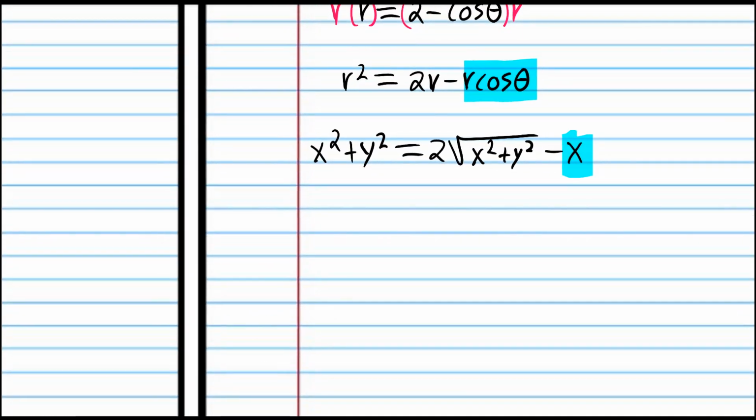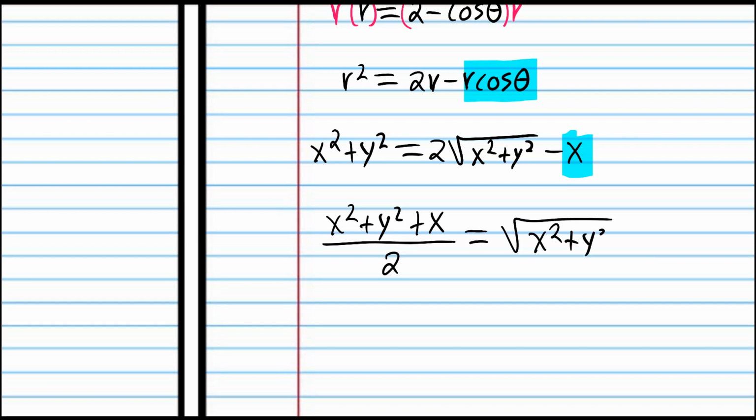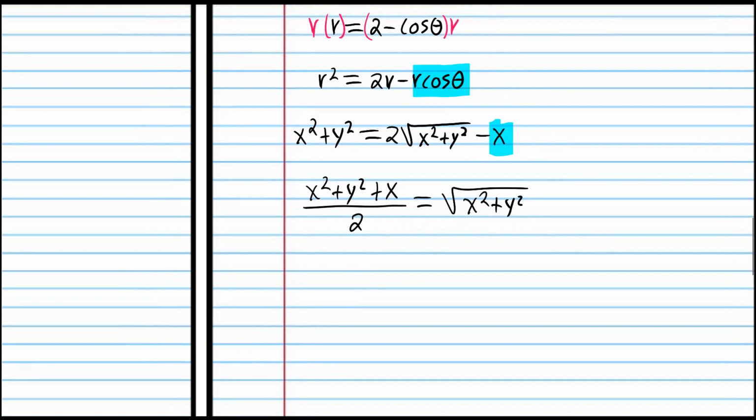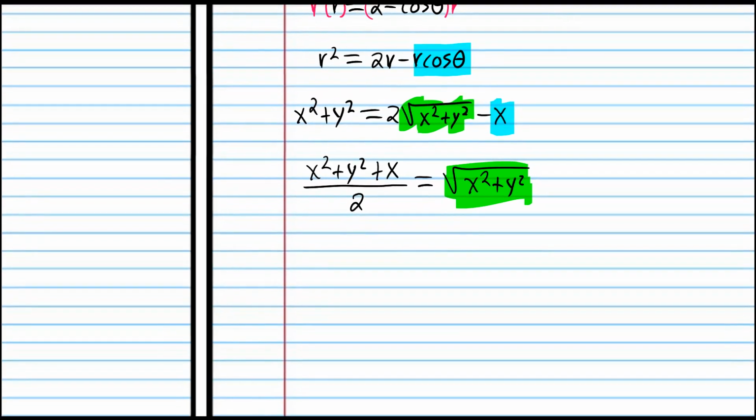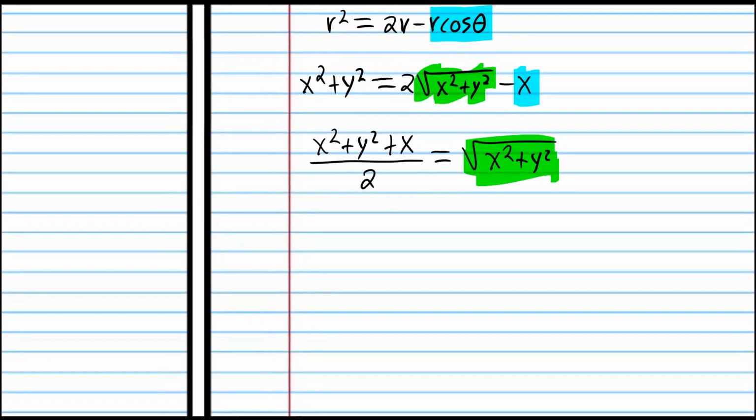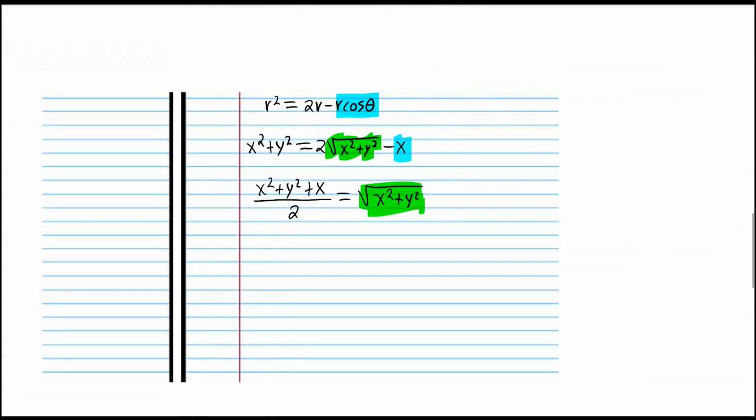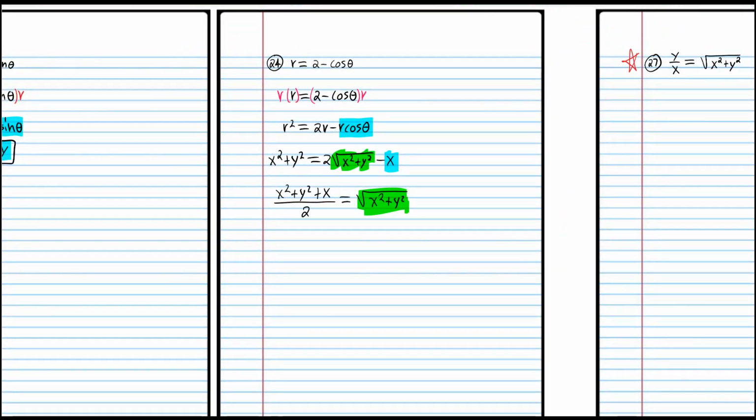But if you wanted to get rid of the square root, we could add x to both sides and then divide both sides by 2. So I just isolated this green square root, and then we could square both sides, and I guess I'll show that just so you can see what's happening.